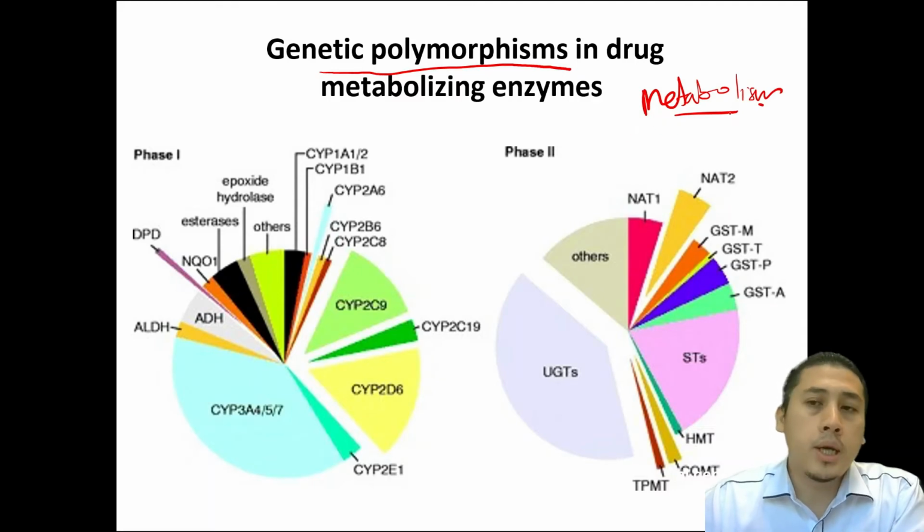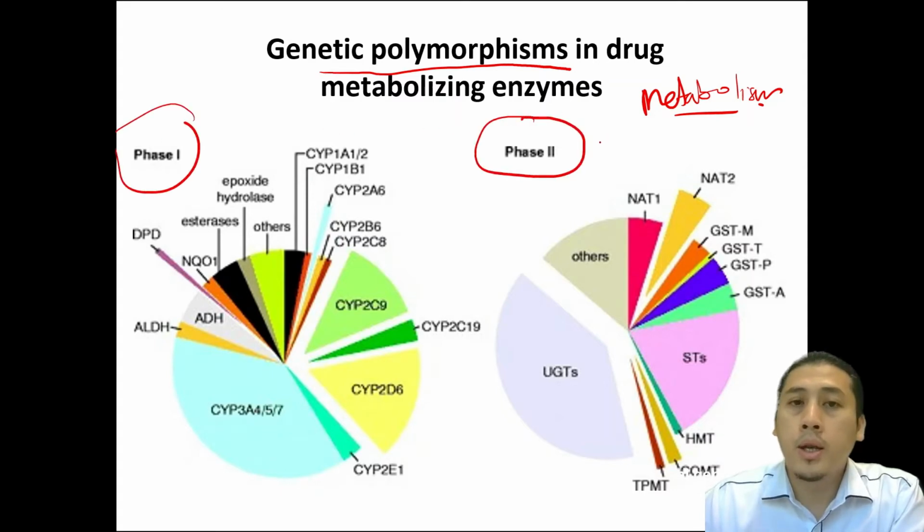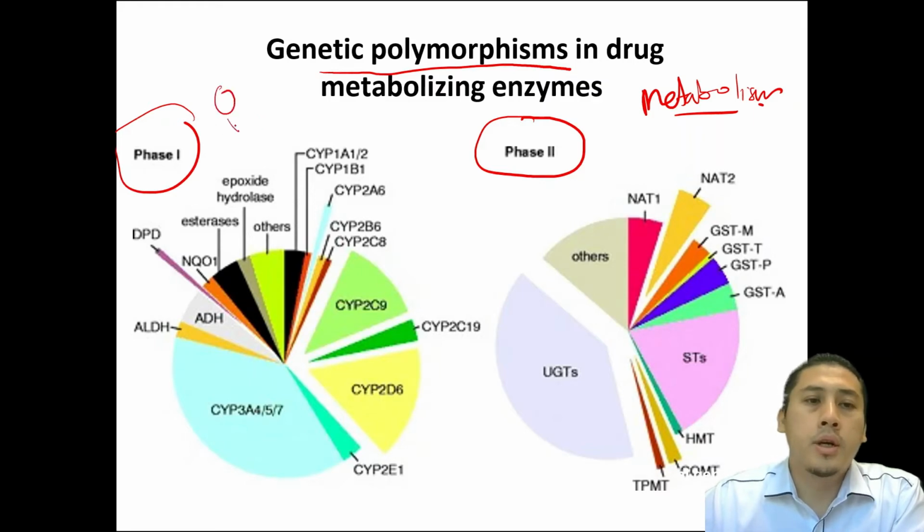Remember, in metabolism there are two phases, phase 1 and phase 2, primarily happening in the liver. In phase 1, there are three chemical reactions involved: oxidation, reduction, and hydrolysis.